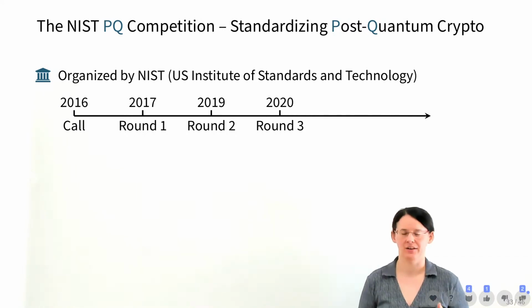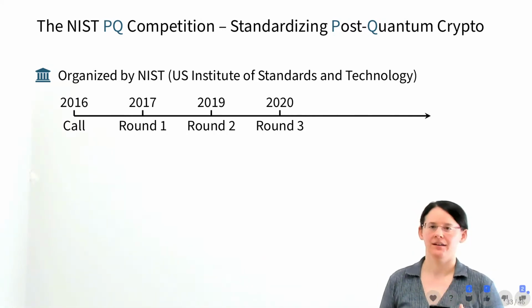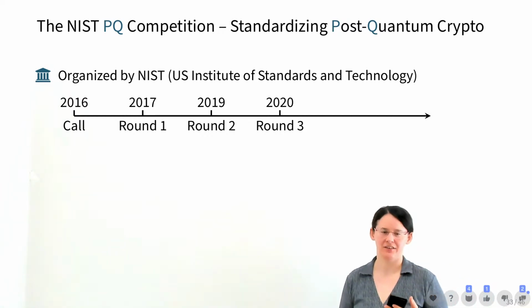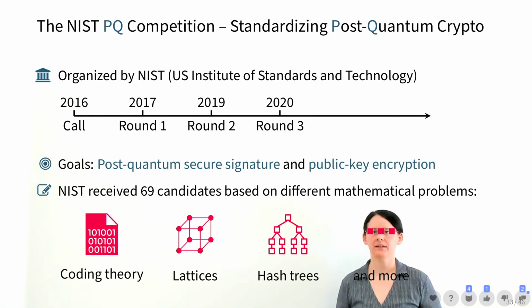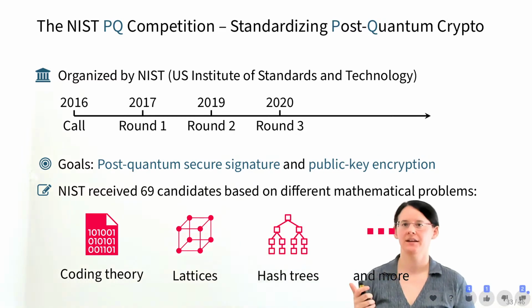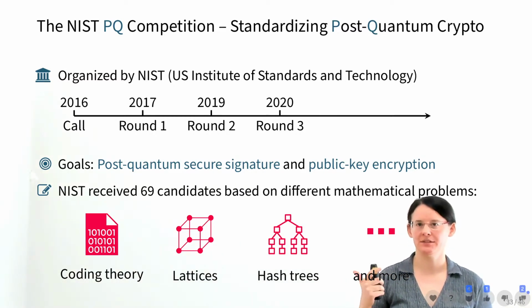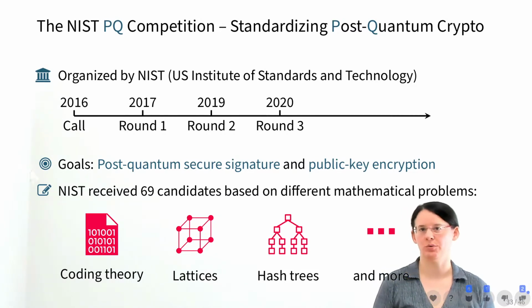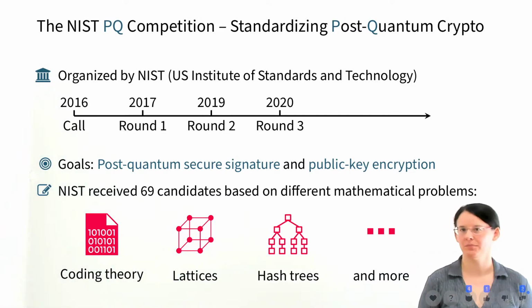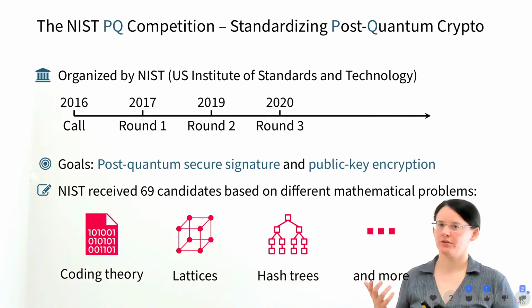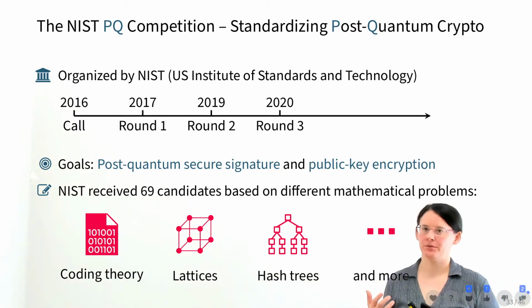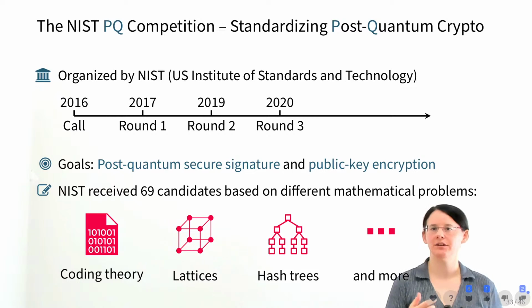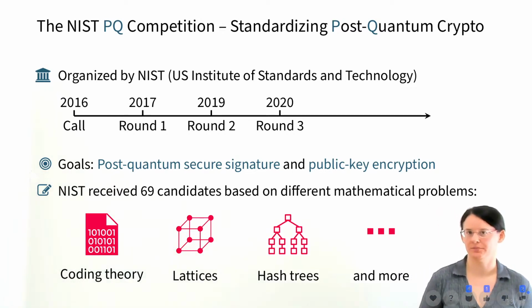There's currently a number of different issues that are discussed there. So the goal is to replace both secure signature schemes and public key encryption schemes with something that's post-quantum secure. Post-quantum cryptography means finding crypto schemes that are still secure even if the attacker has a strong quantum computer.